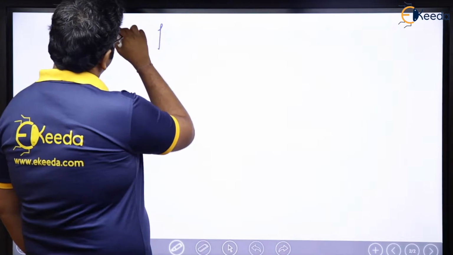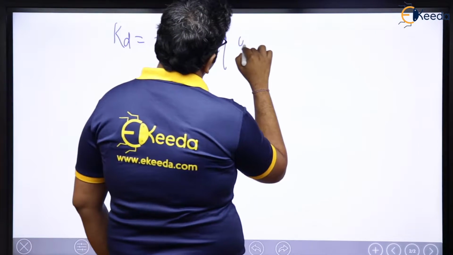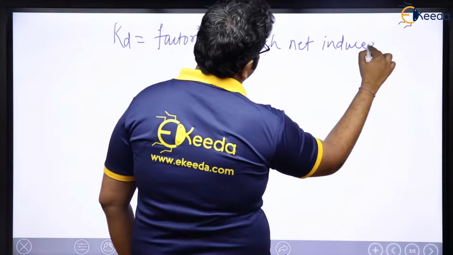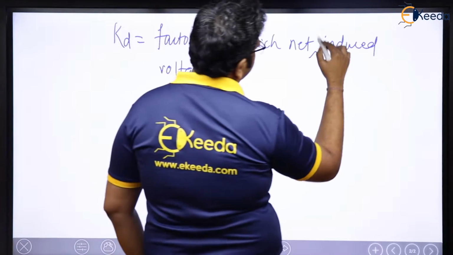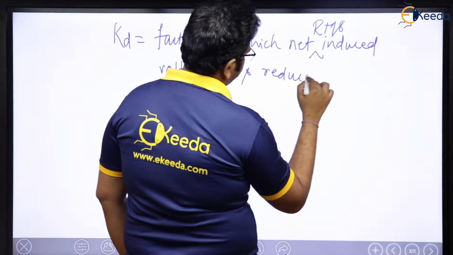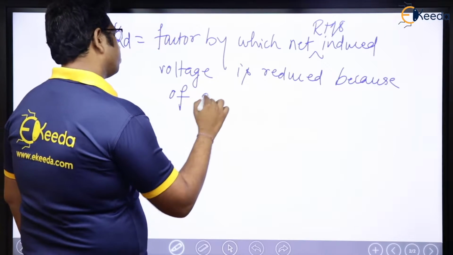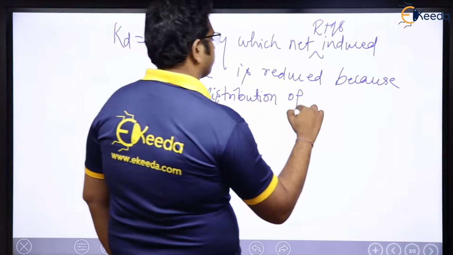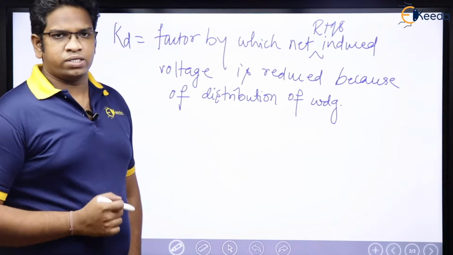KD, the distribution factor, is a factor by which the net induced voltage, or you can say net RMS, is reduced because of distribution of winding. Yes, 100%, sir. This is what we discussed earlier.